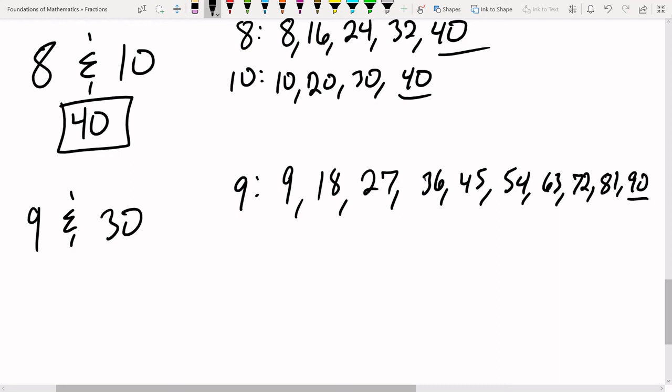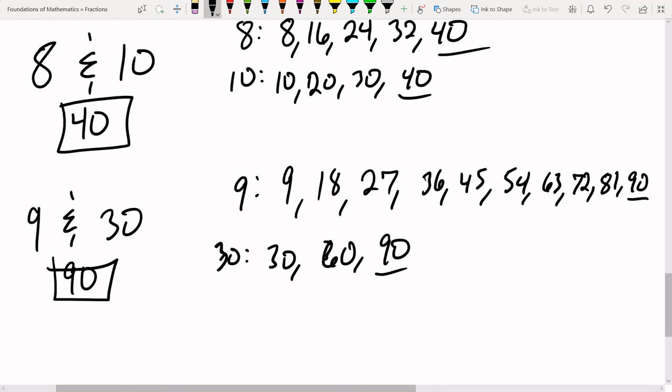You're going to see that that's going to be the least common denominator. 30, 60, 90. That's the common multiple in both of those lists. So 90 is the LCD.